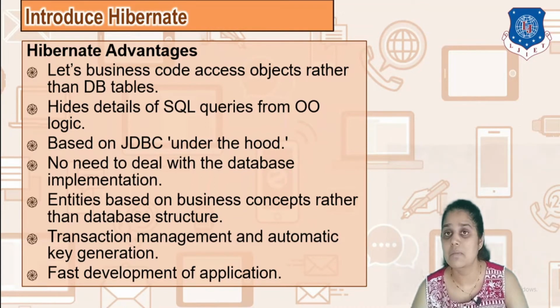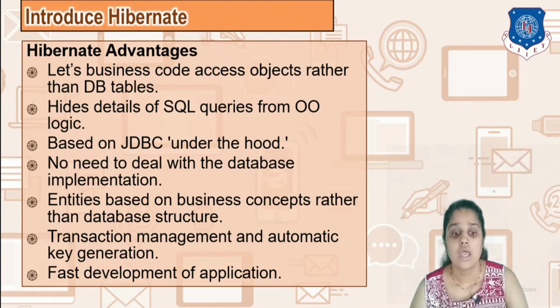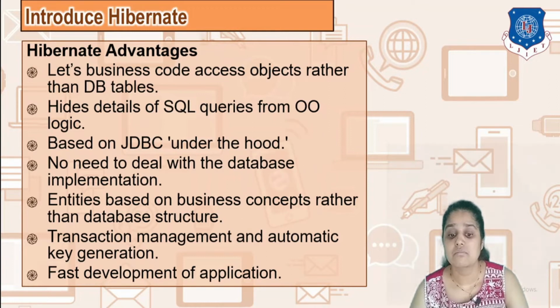Your data will be retrieved irrespective of its data type, irrespective of its field, irrespective of its length, irrespective of its size. And all the entities are based on business concepts rather than database structure.